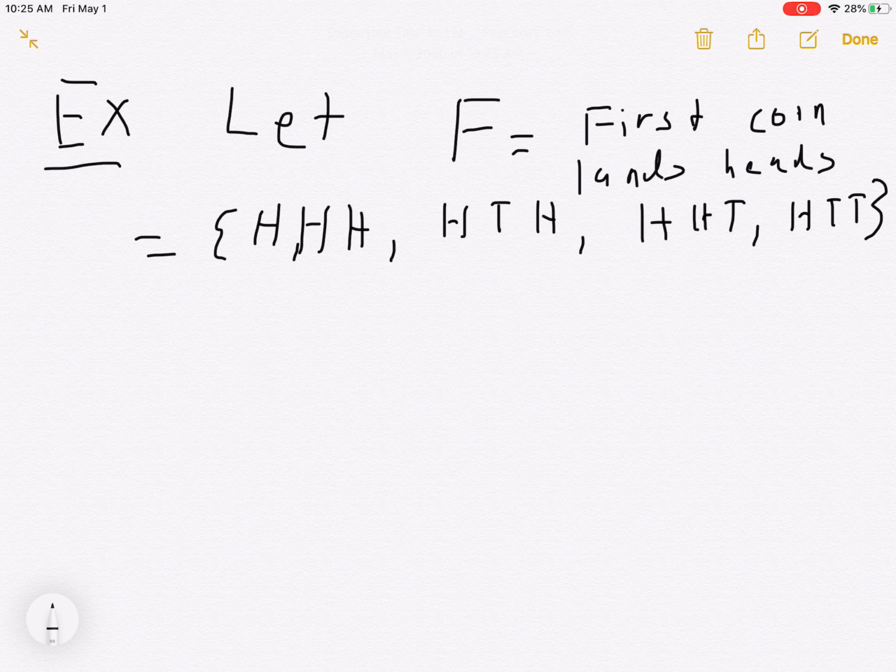Let me write down what's called the intersection.